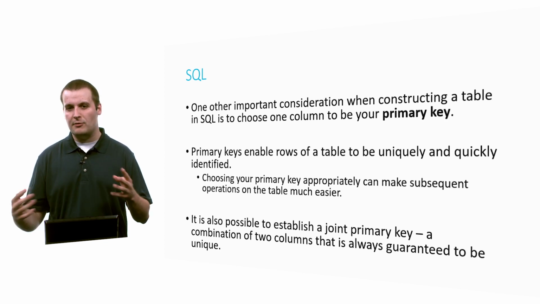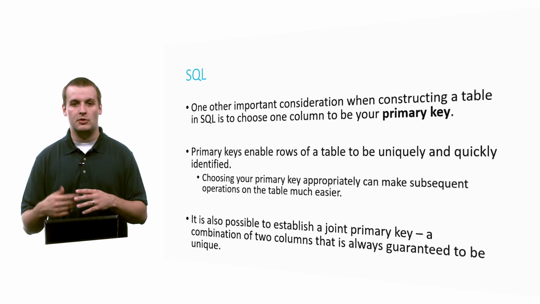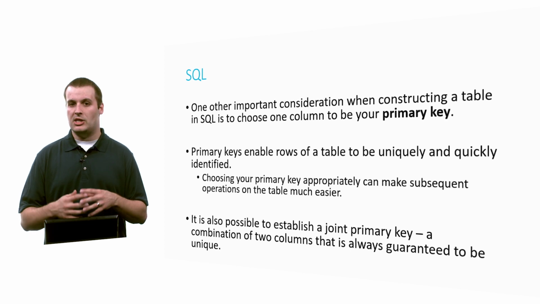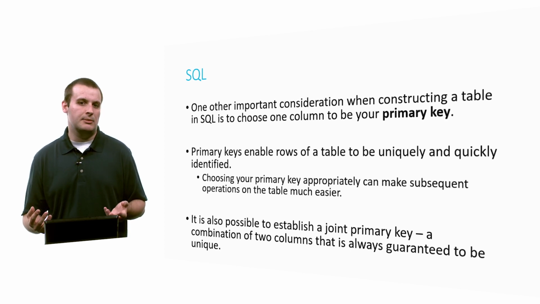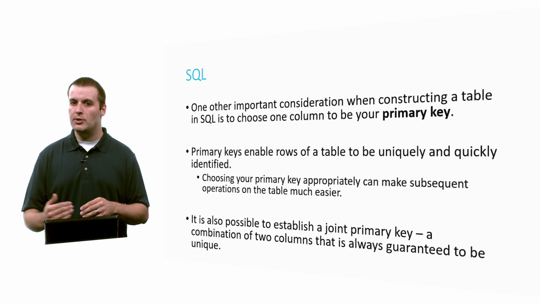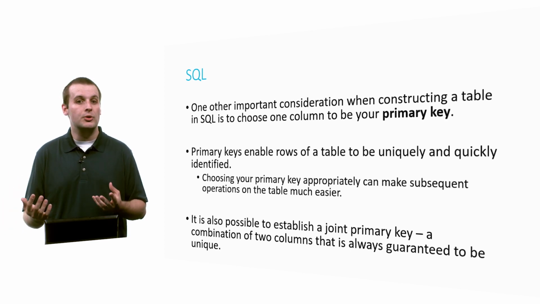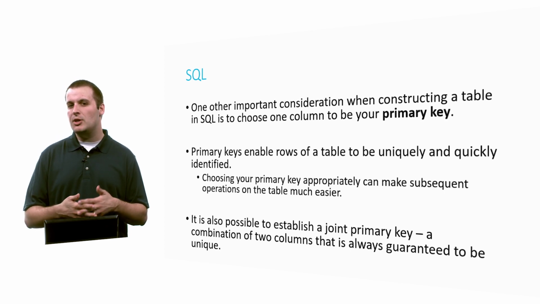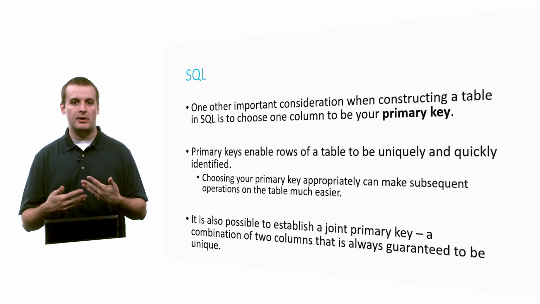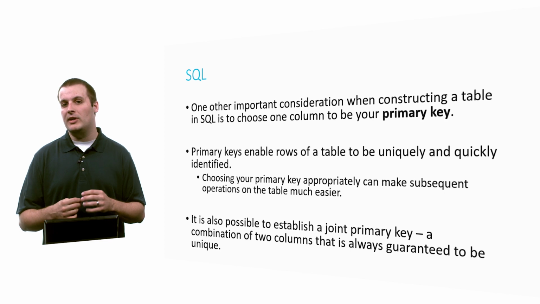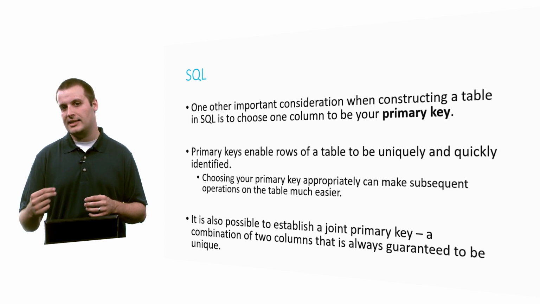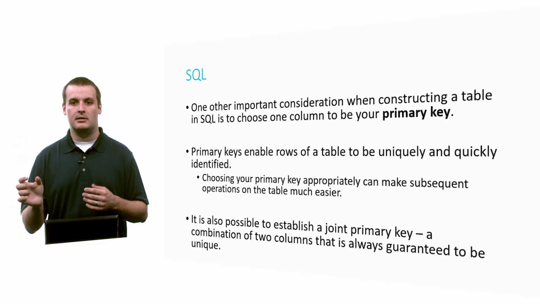And so maybe you have lots of information, and maybe 2 users can have the same name. You have John Smith and John Smith. That's not necessarily a problem because there are multiple people in the world named John Smith. But we only have one user ID number 10, one user ID number 11, 12, 13. We don't have 2 users with the same number. And so maybe user ID numbers would be a good primary key. We don't have any duplication, and we can now uniquely identify every single row just by looking at that column.